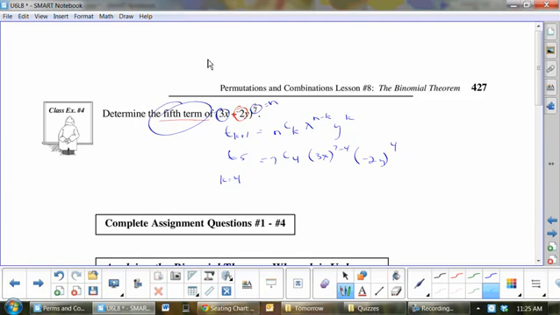Okay, so 7 C 4, that's 35. This turns out to be 3 to the 3rd, which is 27, x cubed. And negative 2y to the fourth is negative 2 to the fourth, which is 16, y to the 4.